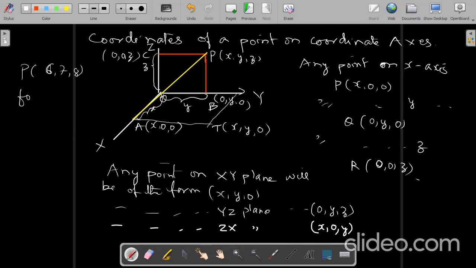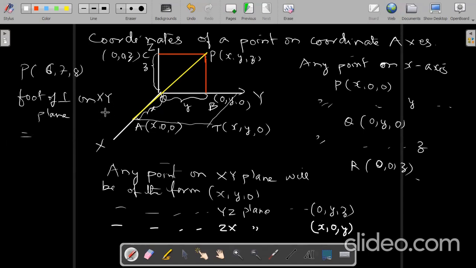What will be the foot of the perpendicular on the xy plane? The x coordinate is the distance from the yz plane and the z coordinate is the distance from the xy plane.